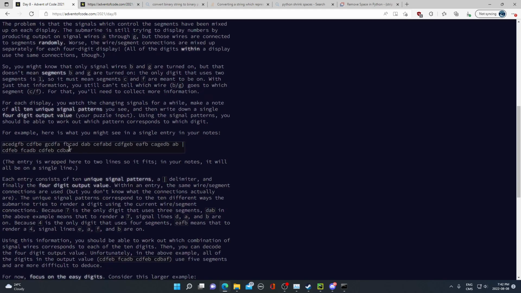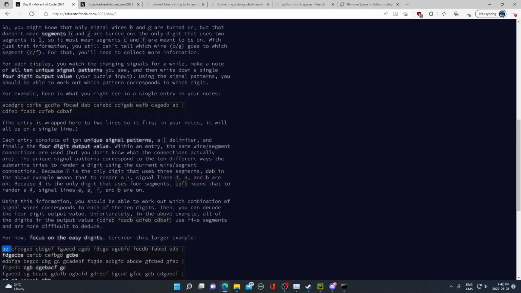Okay, let's look at the example at least. Each entry contains 10 unique signal patterns. Yes, the same connections are used, but we don't know what they actually are.